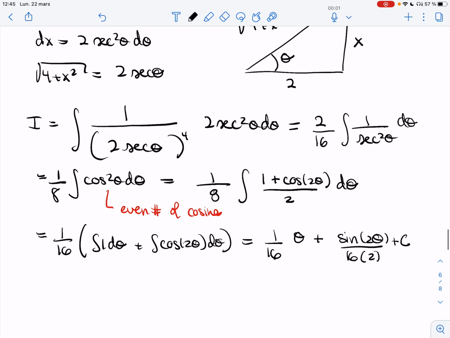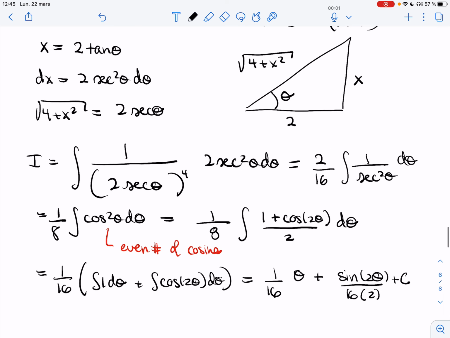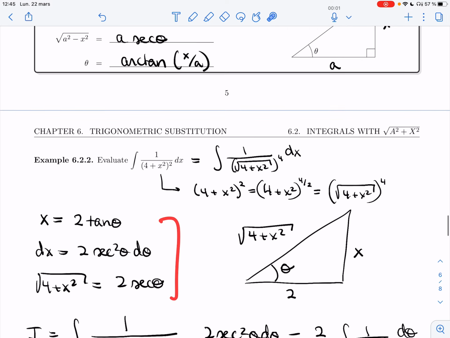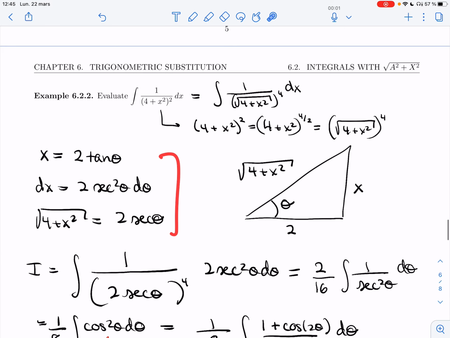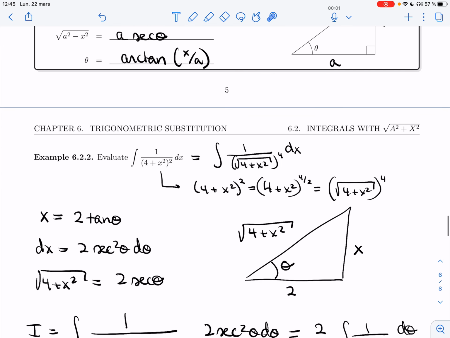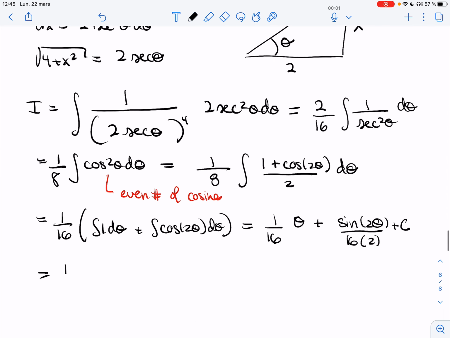All right, excellent. Last thing I have to do is I have to rewrite everything in terms of x. Theta is not quite in the triangle, but you can see it here. It's arctan of x over a, or you could solve from it here as you wish. So here I have 1/16 arctan of x over a, so over 2.